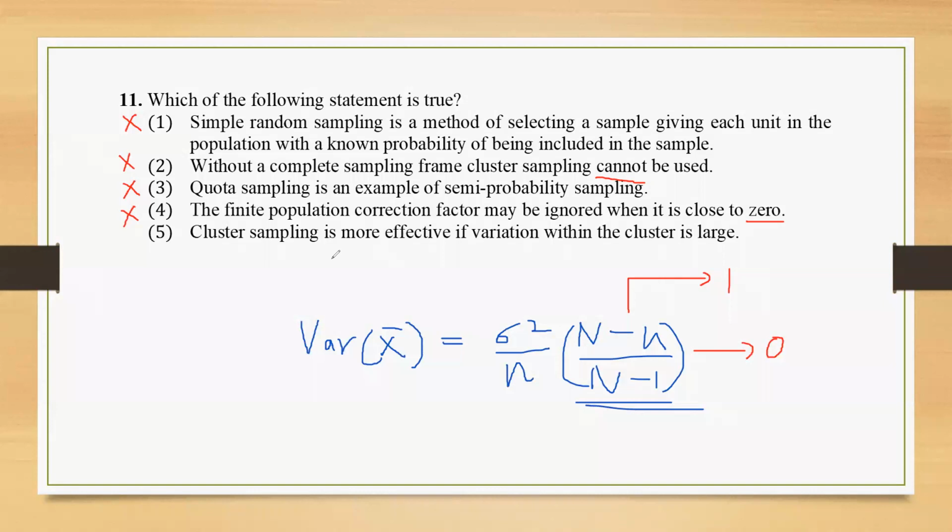Then cluster sampling is more precise than other sampling techniques, especially stratified random sampling. So if within those clusters the items are heterogeneous, or their variation is large, then cluster sampling is more effective. Therefore, the fifth statement is a correct one, right?